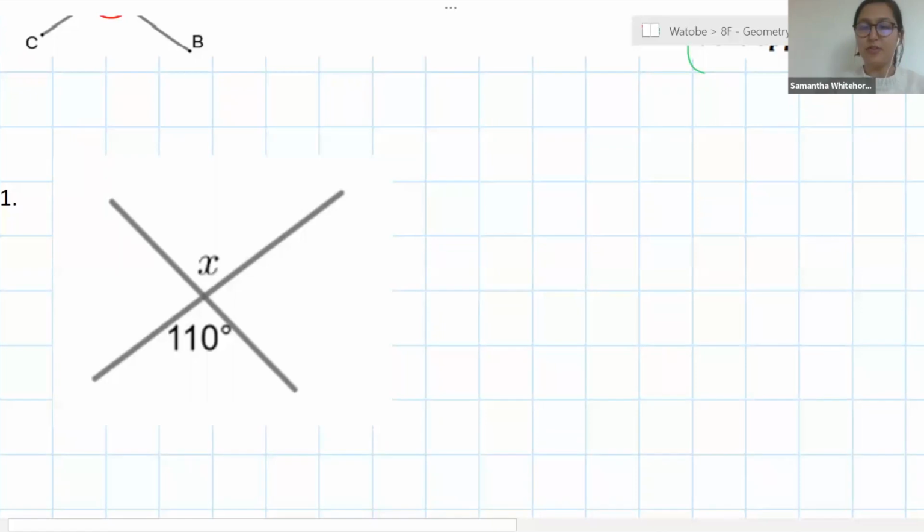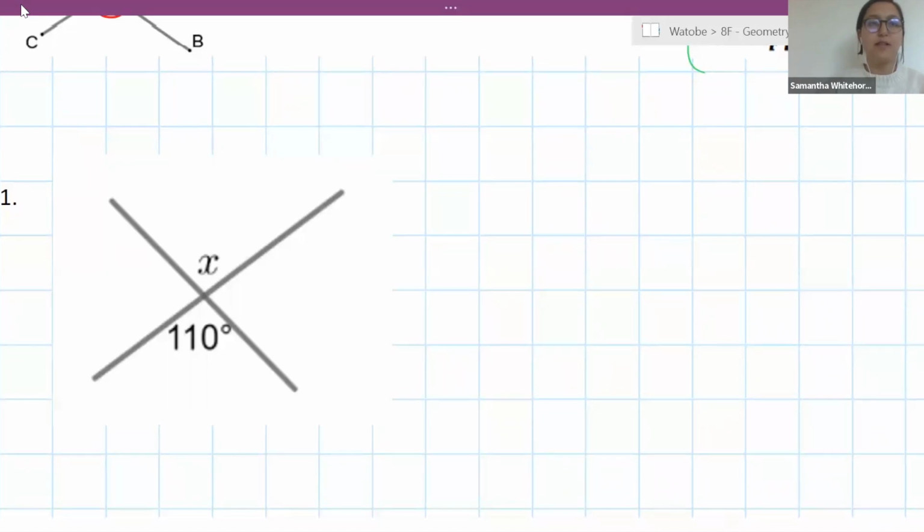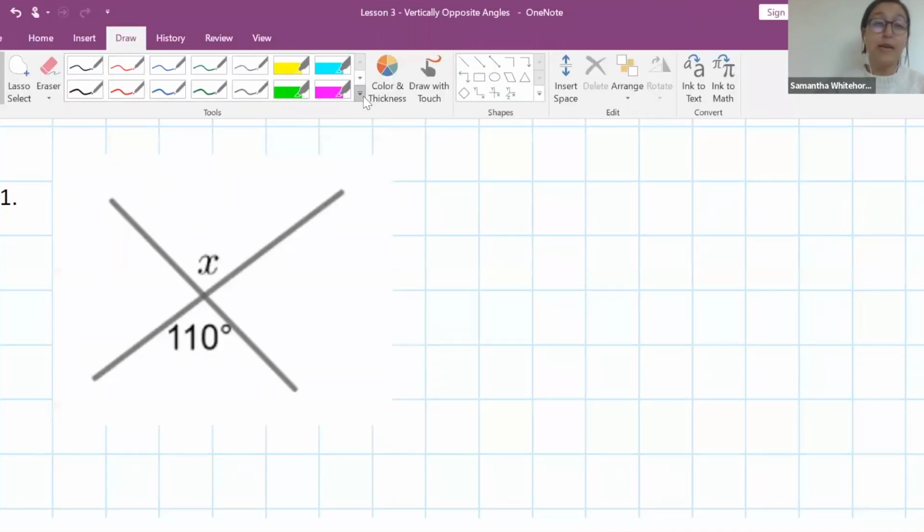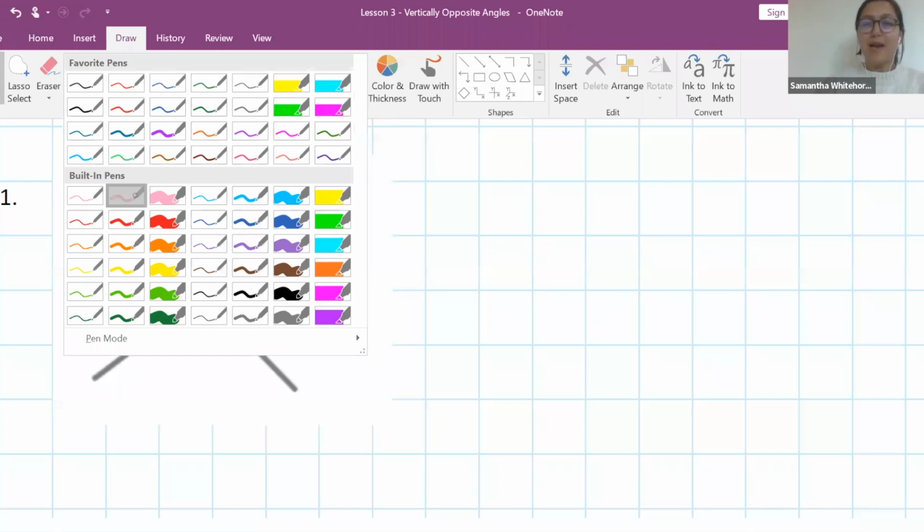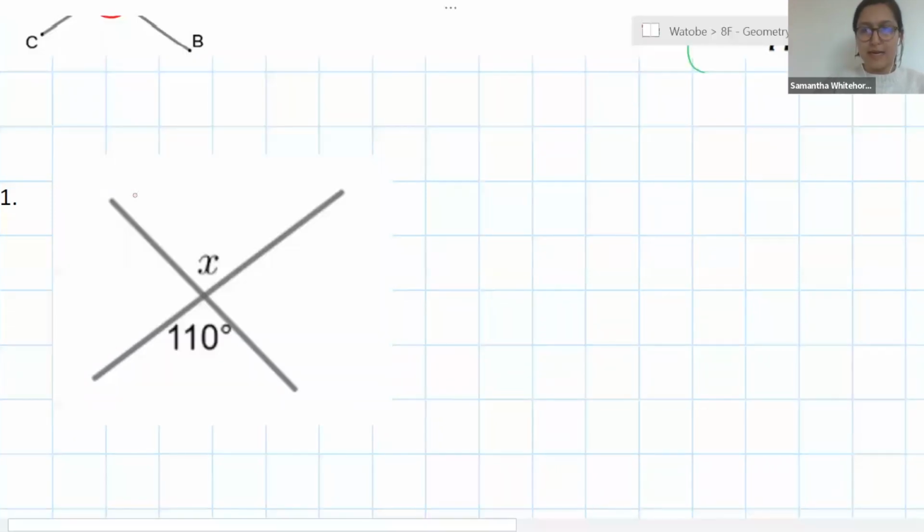Okay, so guys, here's our first example. Nice and easy. We're not going to stress too much to start off with. We want to find the value of angle X. Now, what is really important? If we plan on using vertically opposite angles, it has to be across the meeting point between two straight lines.